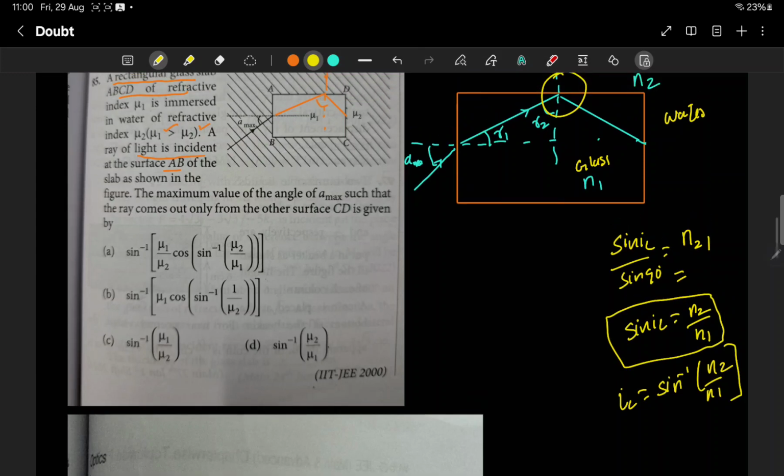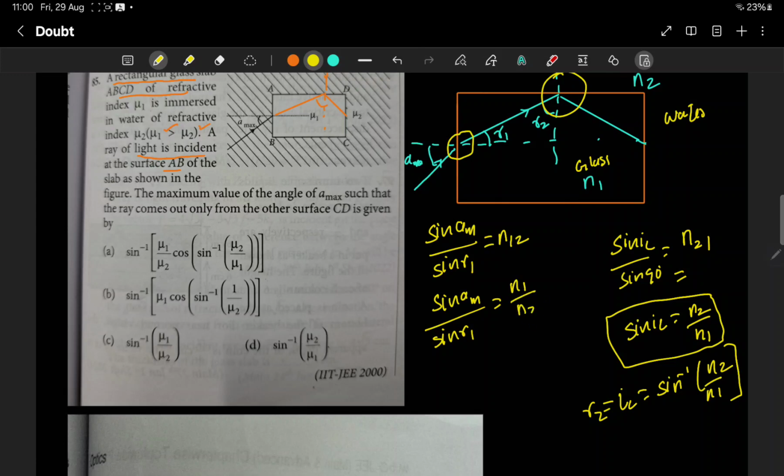But the question is what this angle A should be so that this R2 will be the critical angle. This is R2. So first let me apply Snell's law here, because we want to find A max. Sine of A max divided by sine of R1 equals the refractive index of 1 with respect to 2, since light is going from medium 2 to medium 1. So sine A max divided by sine R1 is N1 by N2.